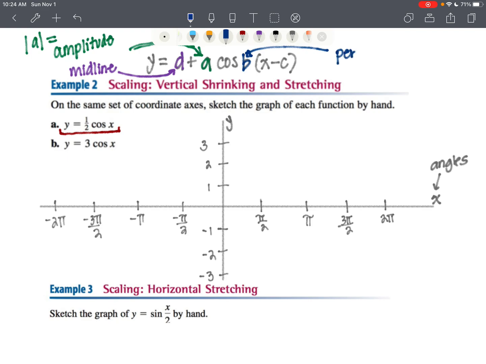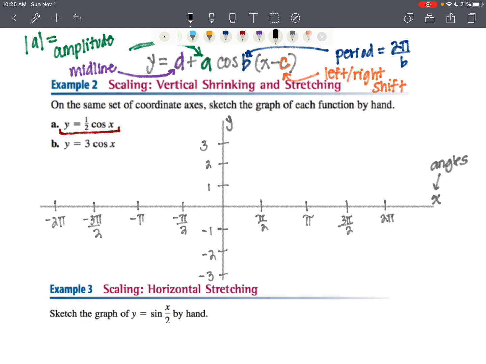So the period is equal to 2 pi divided by B. And then we have C, and C is going to be a left-right shift. We are really just concerned with the amplitude at this point.